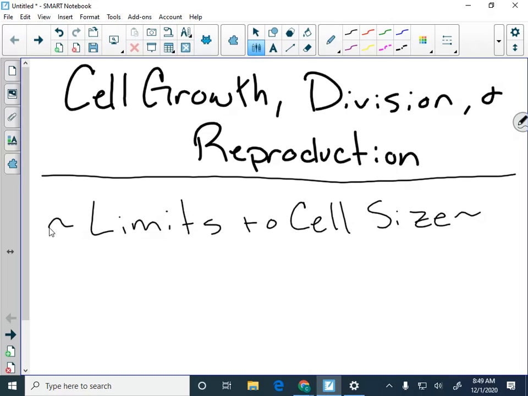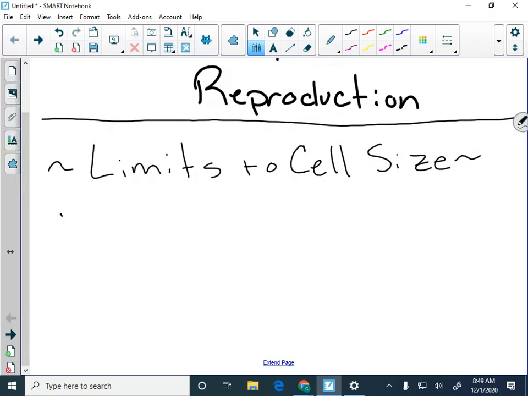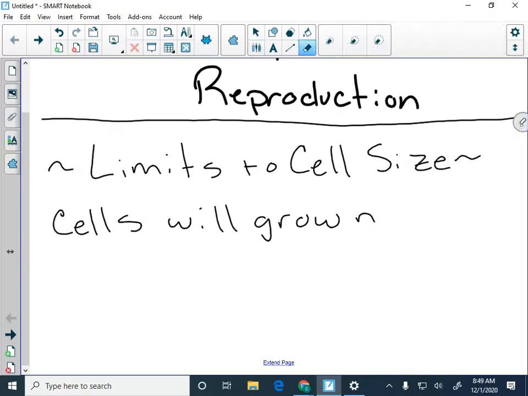So, all cells, bacteria cells, any type of cells in our body, our heart cells, our muscle cells, our skin cells, right? As cells grow, so cells will grow until they reach a certain size.